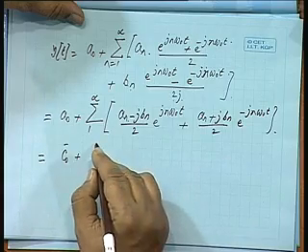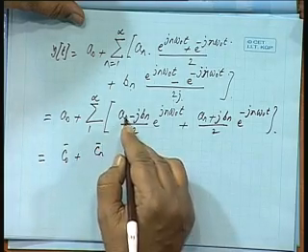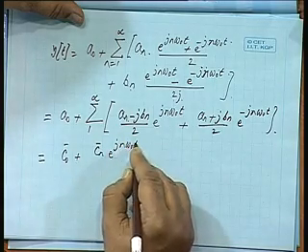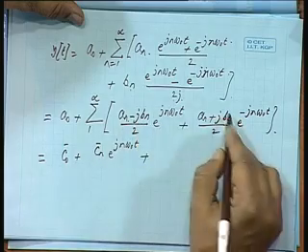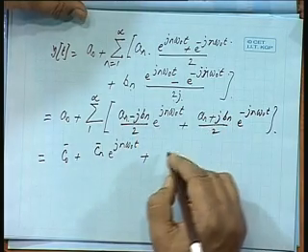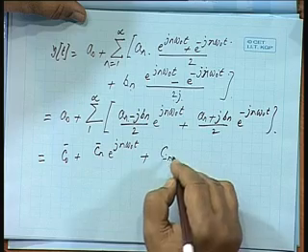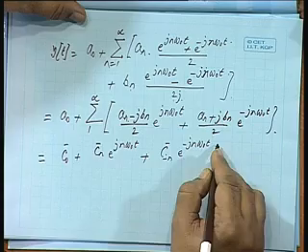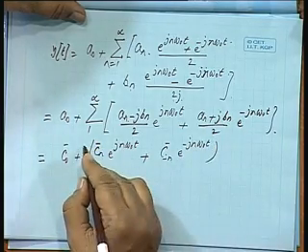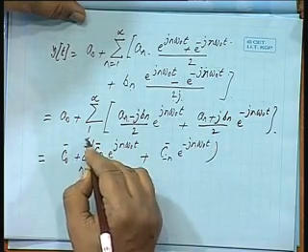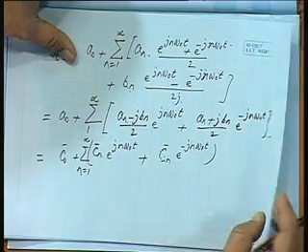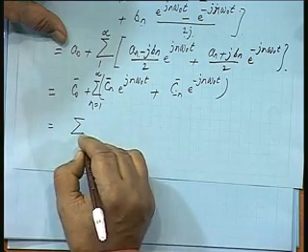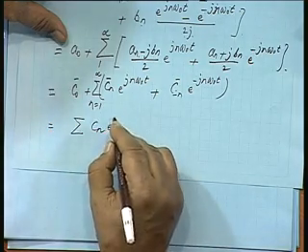One may write this as C0 plus Cn, and I will write Cn bar as an minus j bn by 2. Is it all right?